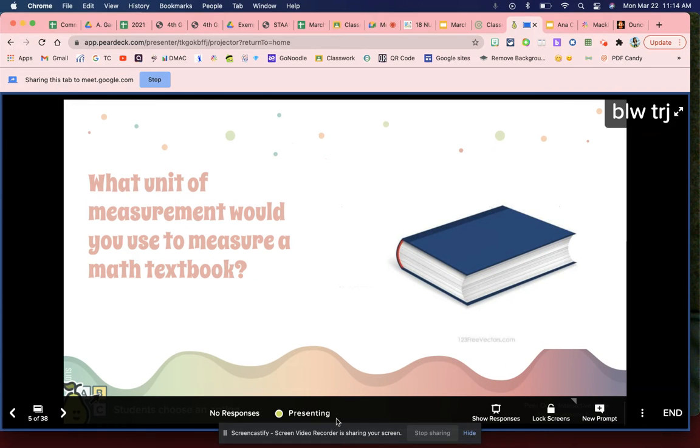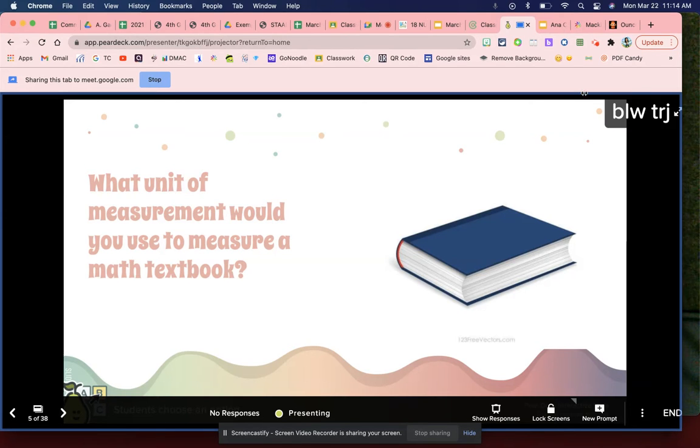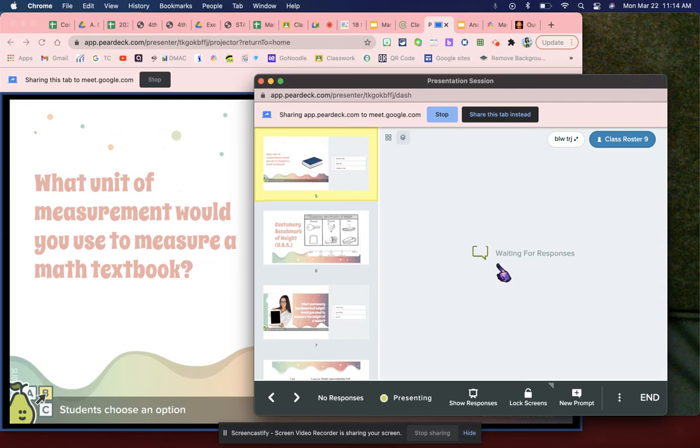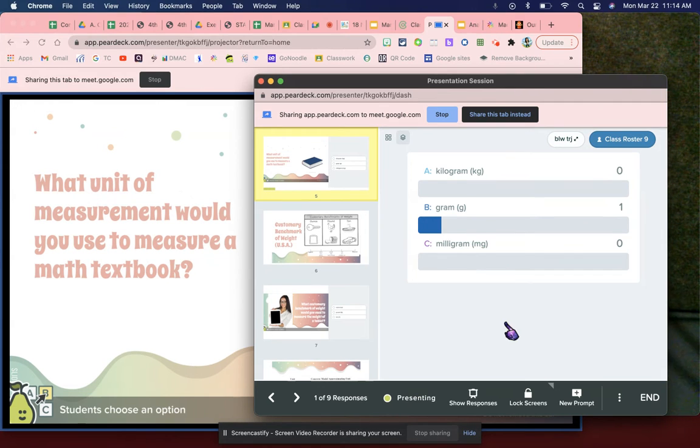Question for you. If I wanted to measure this book, what unit of measurement would I use? What would be the unit of measurement? Kilogram, grams, or a milligram? I already have 2 students, Maite and Braulio. They're responding. What about the rest of you guys? John Alfaro.